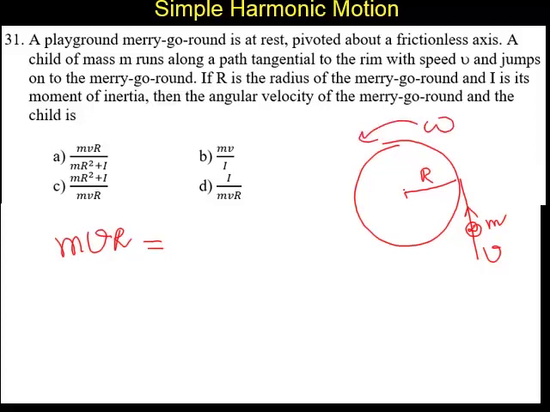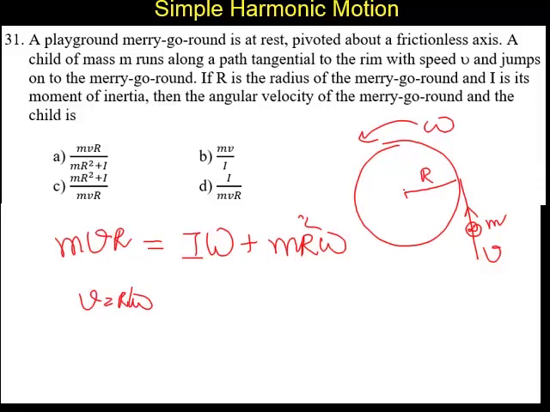Now, because the merry-go-round is moving, the angular momentum of the merry-go-round is I omega, and the angular momentum of the kid is going to be m r square omega. So you see, because v is equal to r omega, we are using this relation.